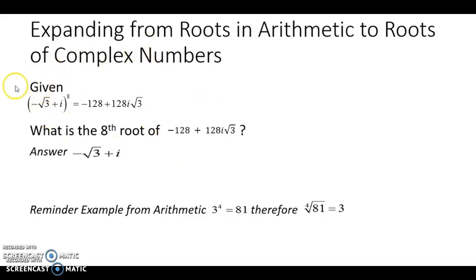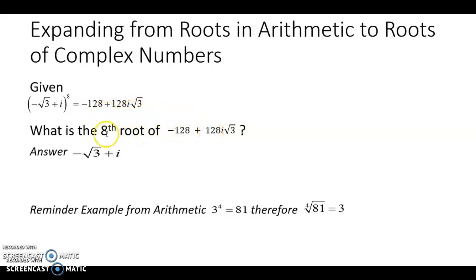So you are given that negative square root of 3 plus i to the 8th power equals negative 128 plus 128i times the square root of 3. Again, all of this is given to you. Given this, you are asked, what is the 8th root of negative 128 plus 128i times the square root of 3?